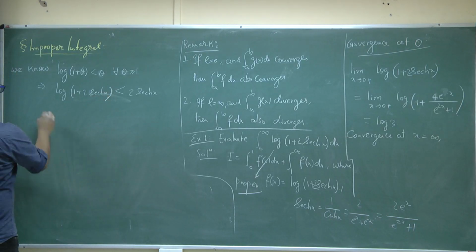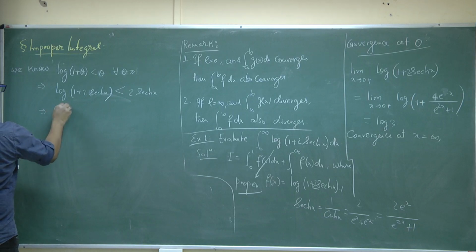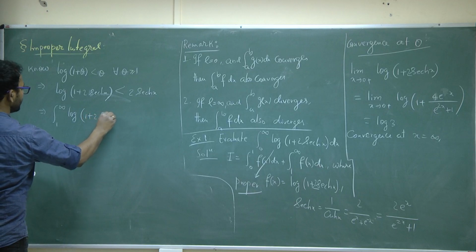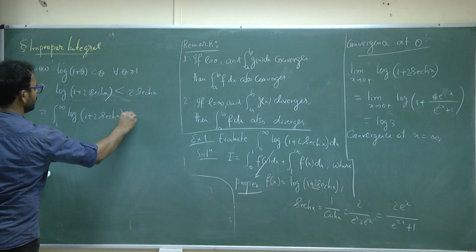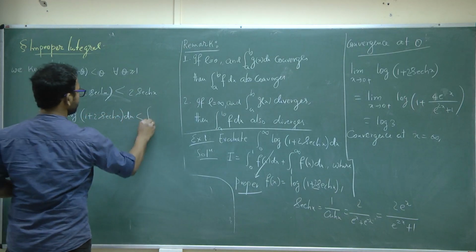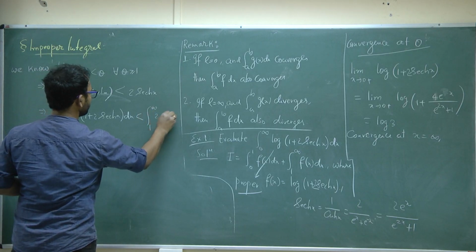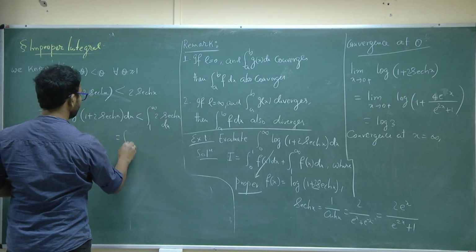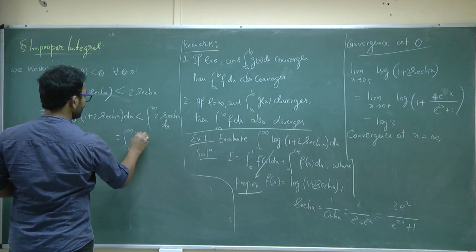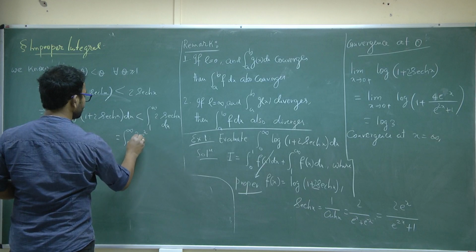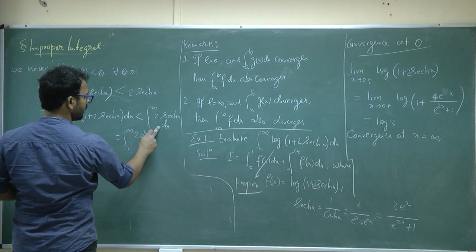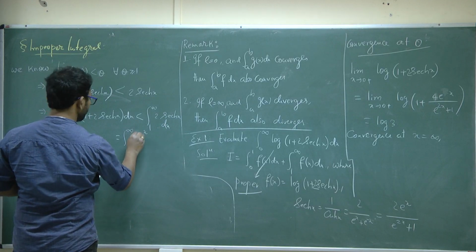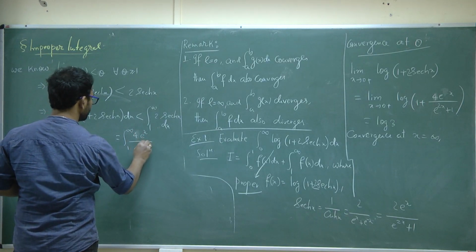Now if I do integral 1 to infinity log of 1 plus 2 sech x dx, it is less than integral from 1 to infinity 2 sech x dx. So this is nothing but integral from 1 to infinity 4 e to the power x over e to the power 2x plus 1 dx.